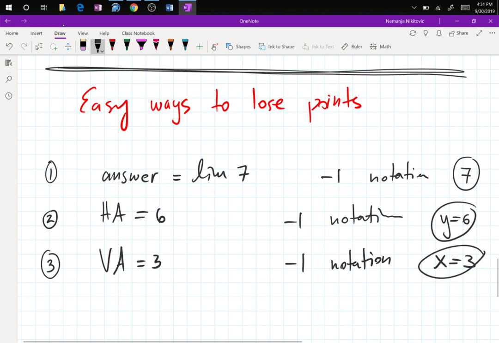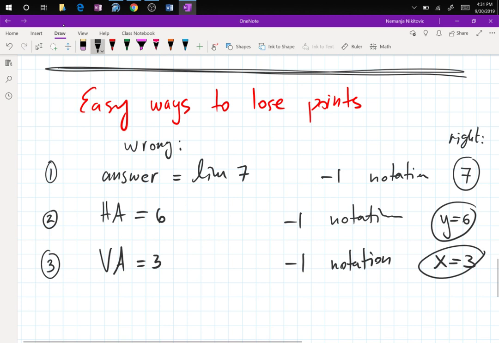These are the things that you lose points on because you're not paying attention in class, in terms of the way the stuff is written, and then you come up with your own notation that is meaningless because it's not defined in mathematics. So, wrong and right, right? These are like the top 3 ways to lose points.